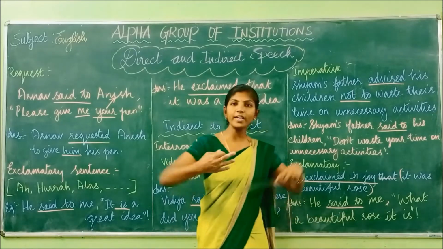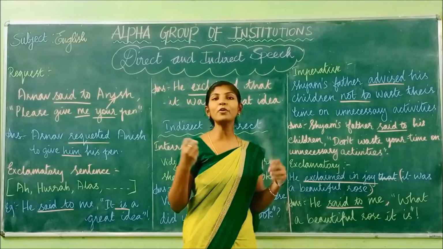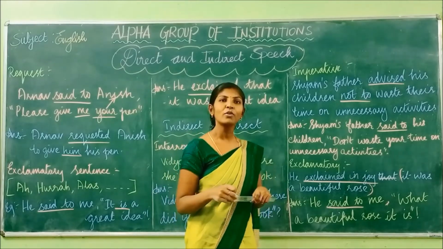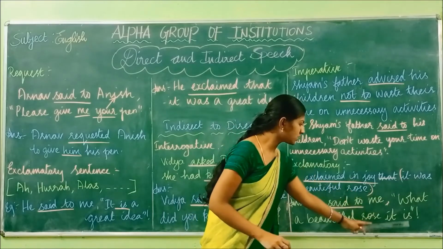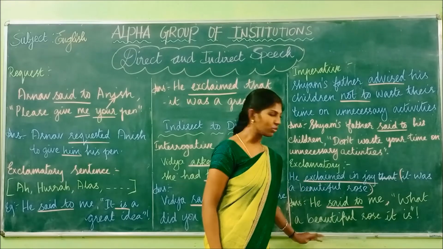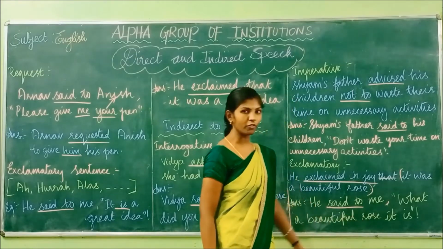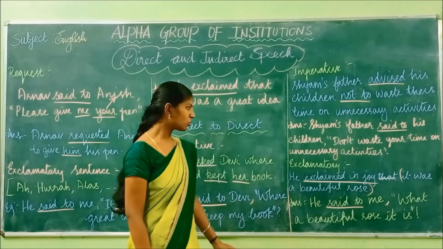So how do we exclaim it? How do we say it with an exclamation? What a beautiful rose it is. Right? So this it was is changed into it is, and that too after the beautiful rose. That's all. There is nothing more you have to do in it.